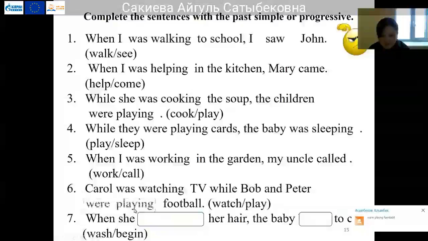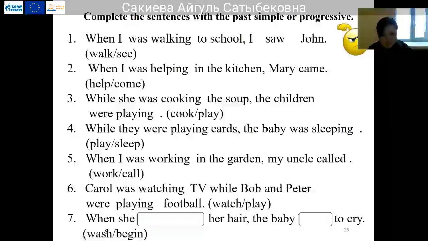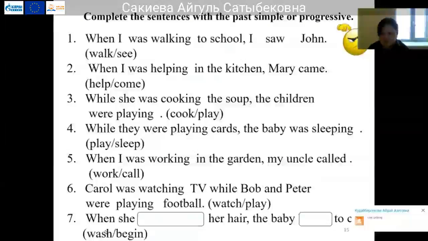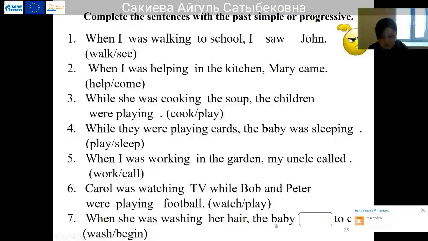Were playing. Yes, good job. Were playing only. And the last one? When she was washing the baby what? Okay, we have found the was washing, and what about the second one? The baby began to cry.